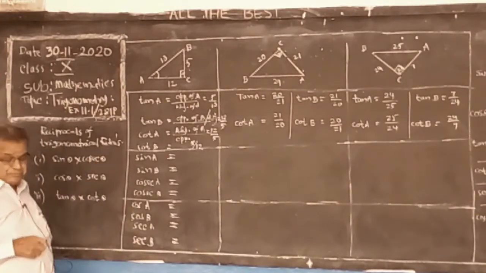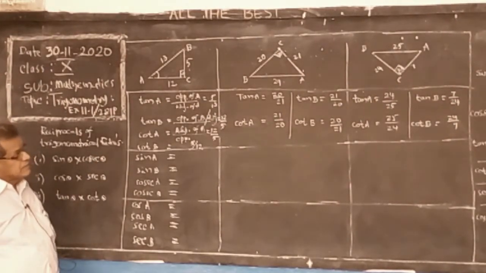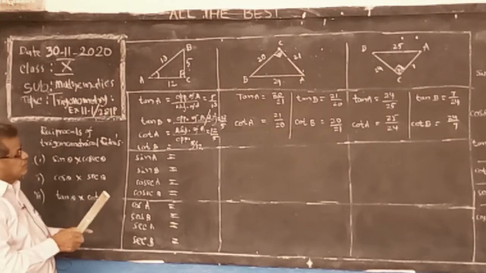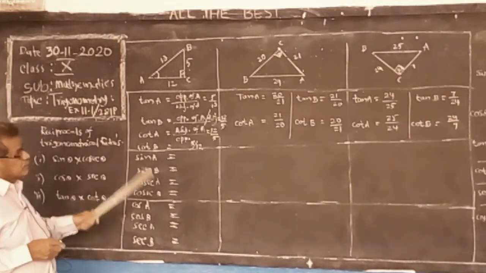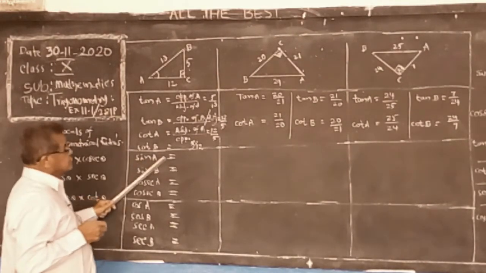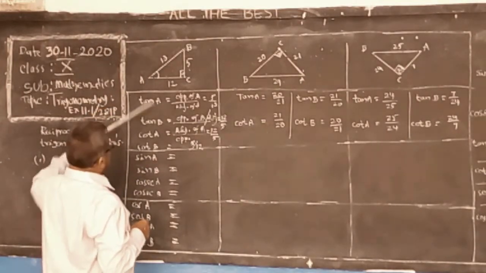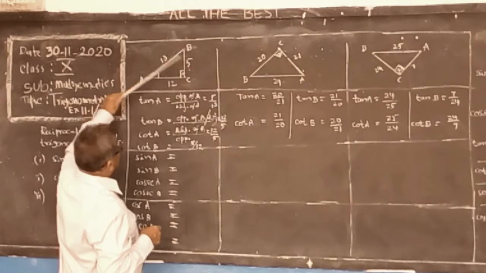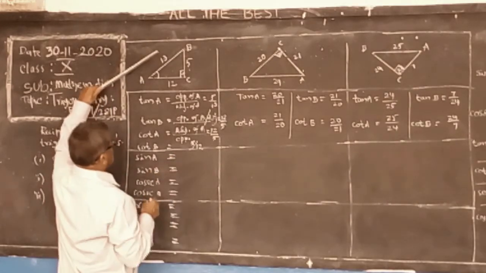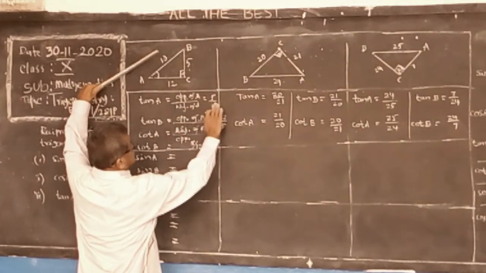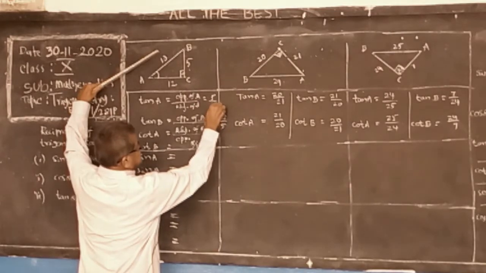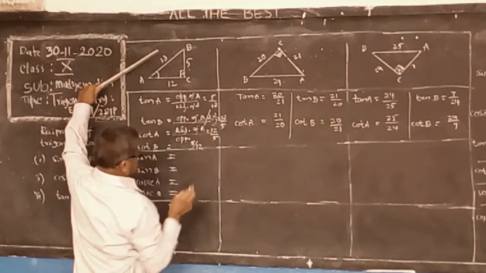Next, sine. Sine definition is opposite side of the angle by hypotenuse. Opposite side of A, side A, opposite side, 5 by 13. Adjacent side here becomes 12. Cot A is 12 by 5.